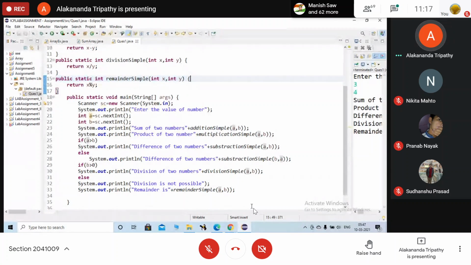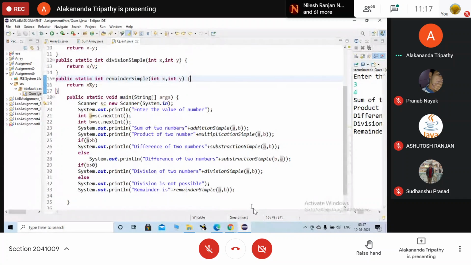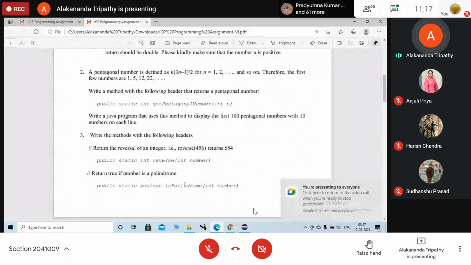Question 3. Yes, you are correct. Over all of you, question number 1. Yes, ma'am. Okay. Do question number 2. 2 बनेगा?